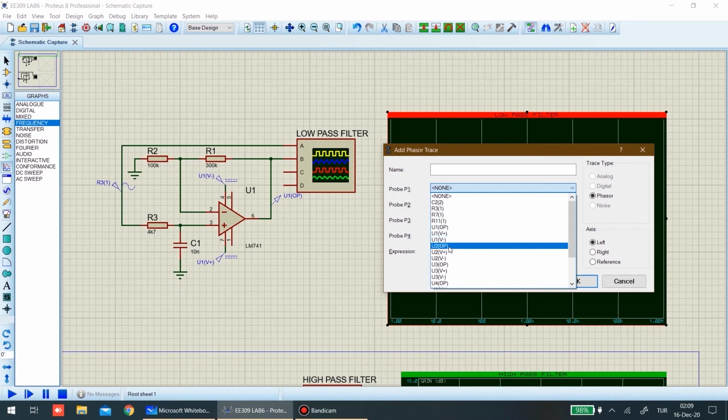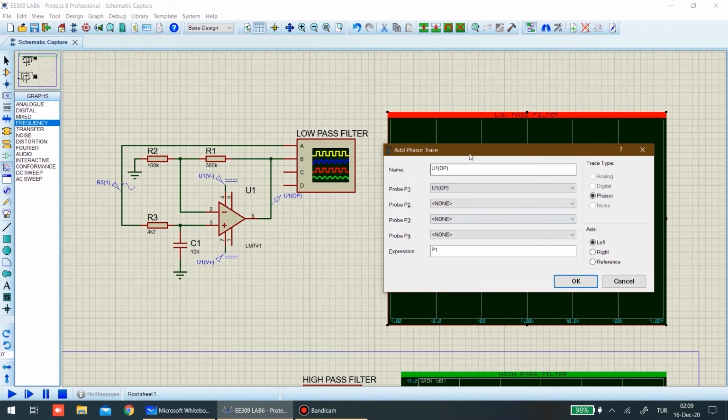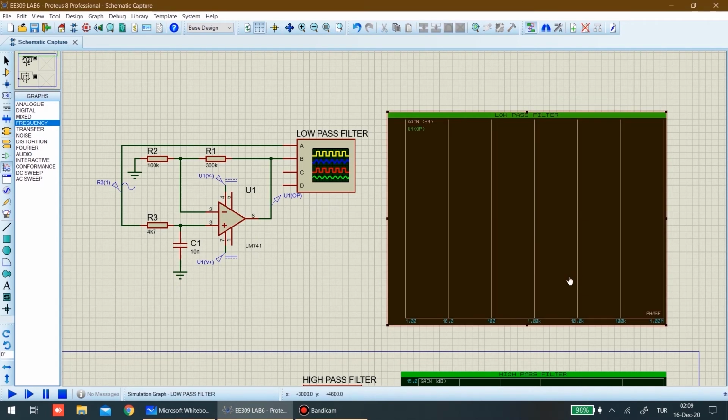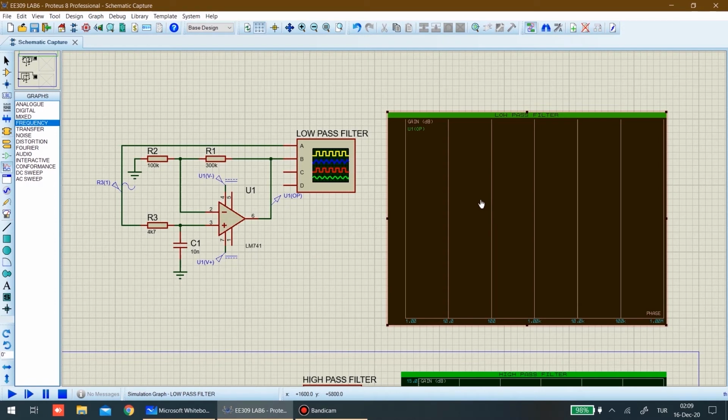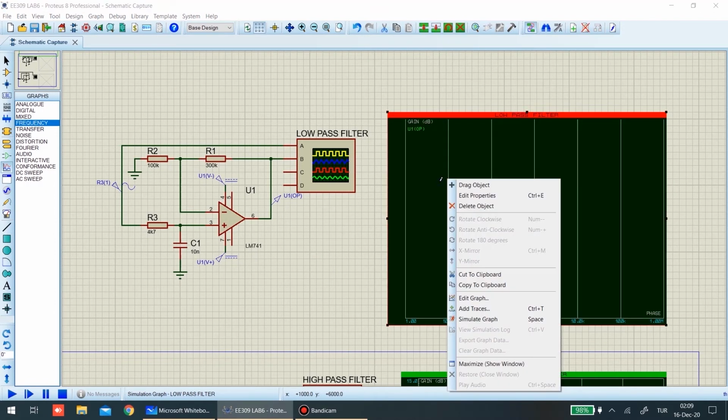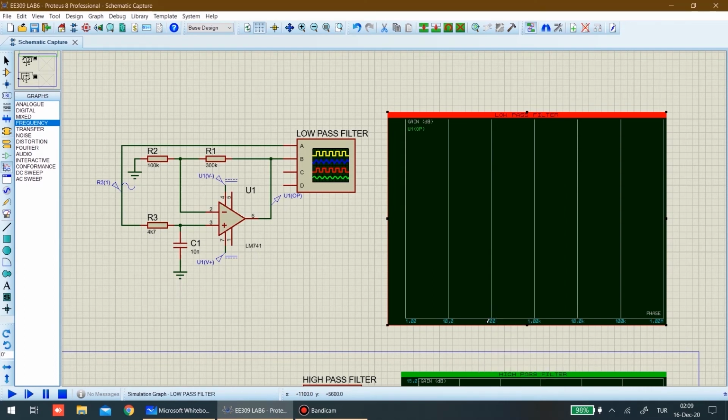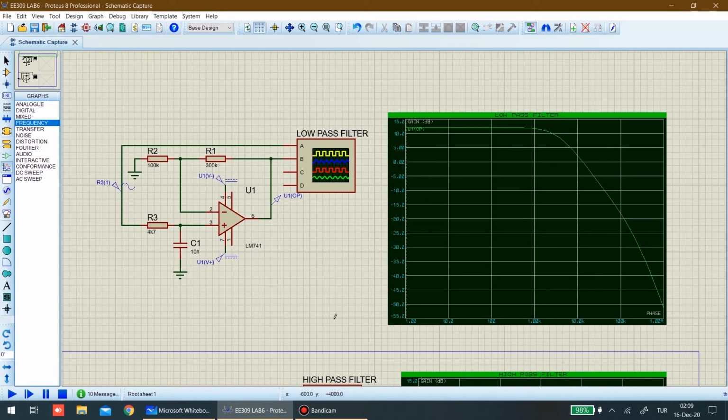U1 bracket OP. Okay. Now it is blank again. Now right click on it, then simulate graph. And here is the Bode plot of our circuit.